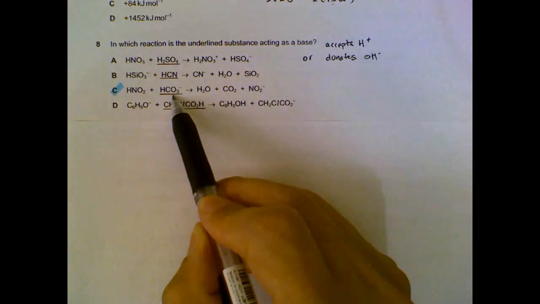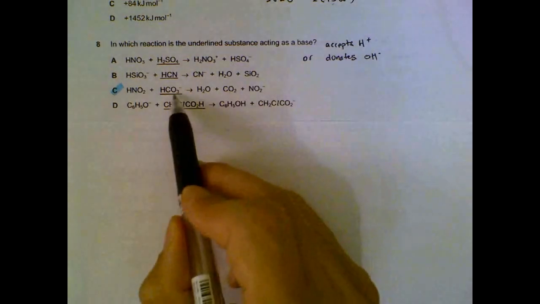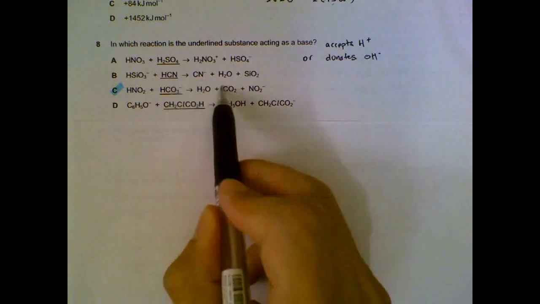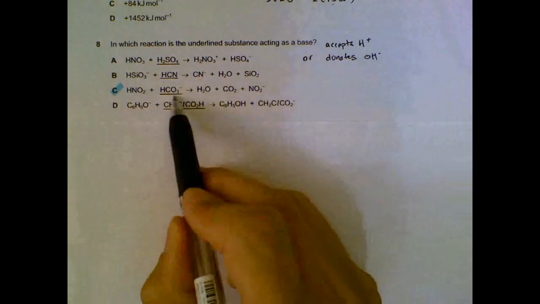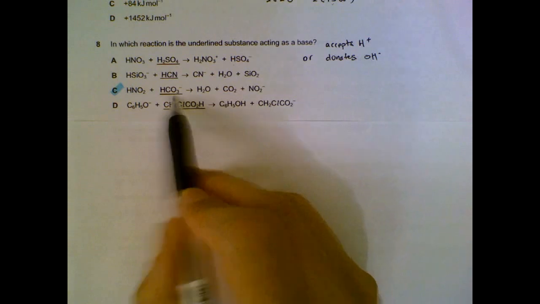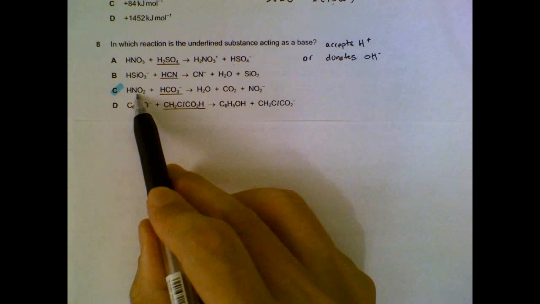HCO3 minus, right, it might not be obvious what we can compare to. There are a few ways we can compare. We can compare to the carbon dioxide. You can see that it loses OH minus, so that's also one way we can see that it's acting as a base. One more way we can conclude will be looking at the other reactants.